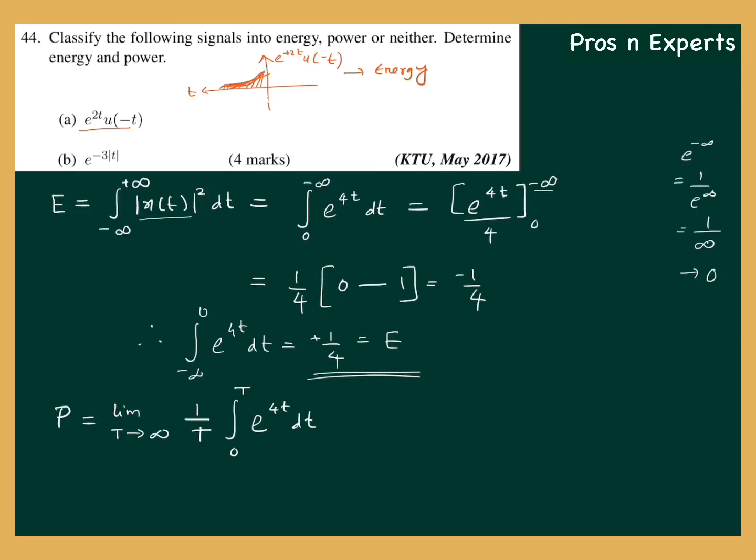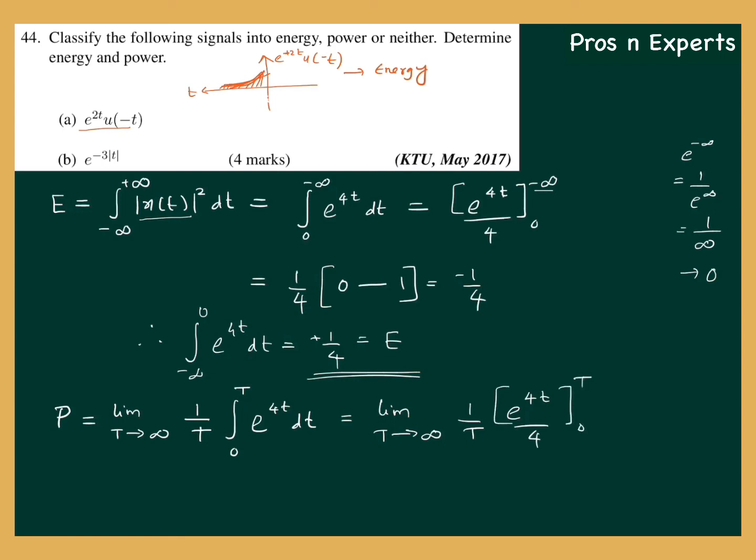Then that becomes limit T tends to infinity 1 by T into e raised to 4t by 4 within the limits 0 to T.